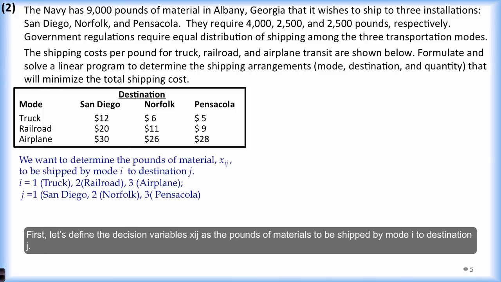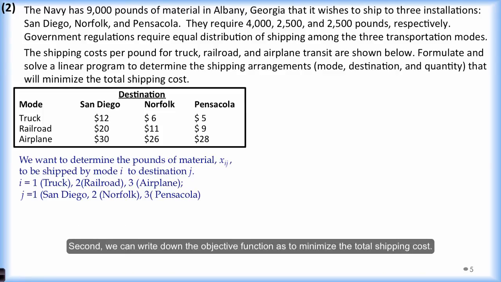First, let's define the decision variables xij as the pounds of materials to be shipped by mode i to destination j. Second, we can write down the objective function as to minimize the total shipping cost.